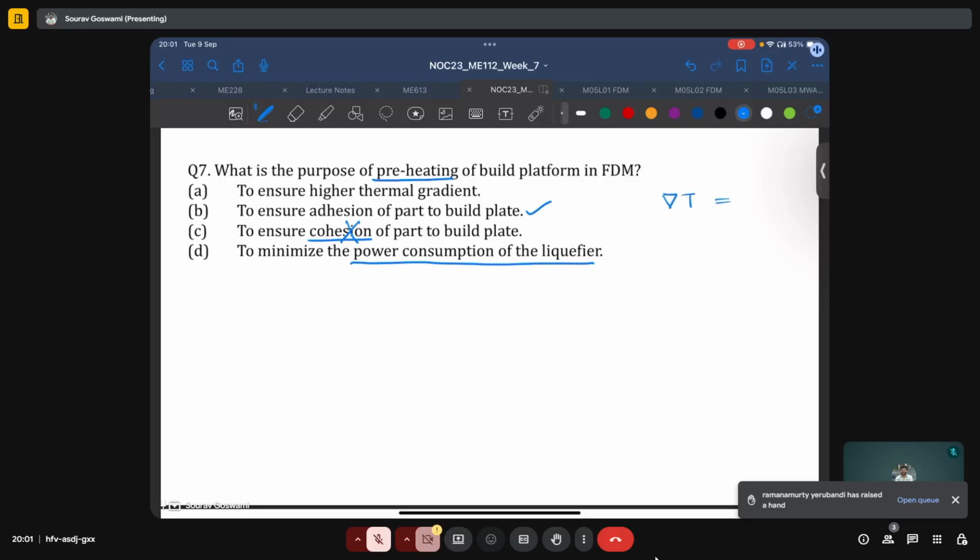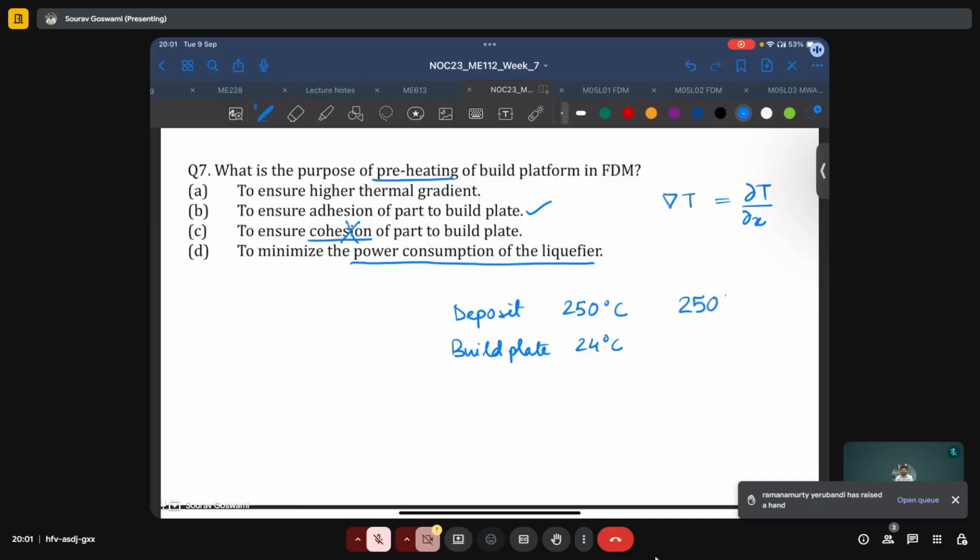which say in one dimension would simply be dou T dou x. Assuming that the distance is the same, this dou T or delta T term will be smaller if we preheat the surface because now earlier say the deposit was at 250 degrees Celsius and the build plate was at 24 degrees Celsius.